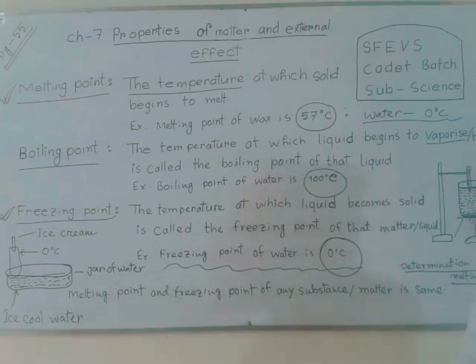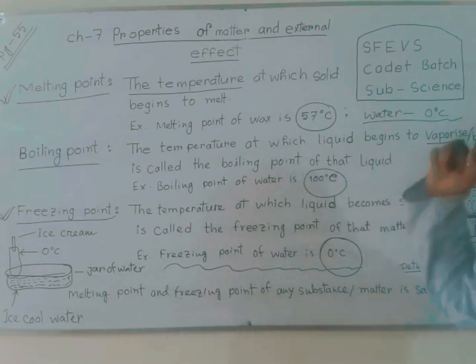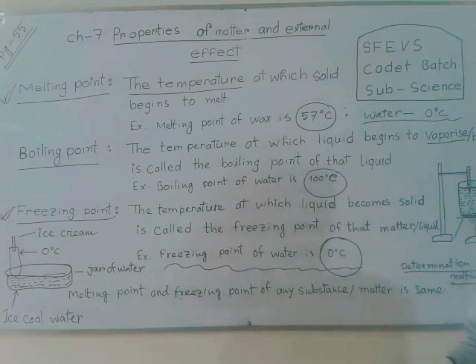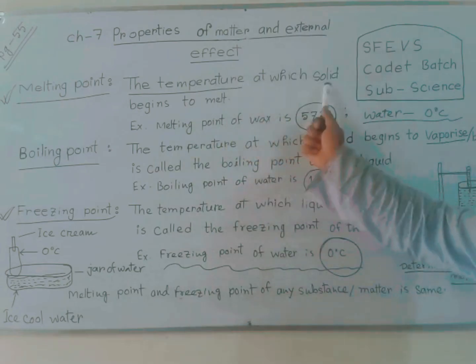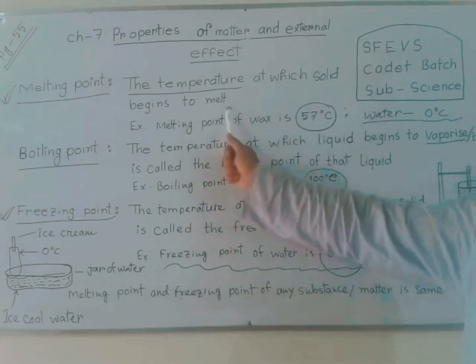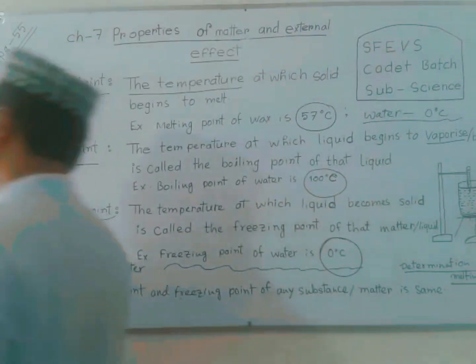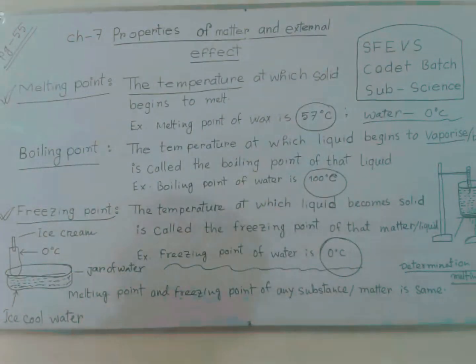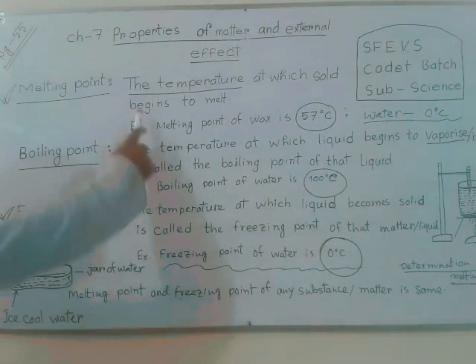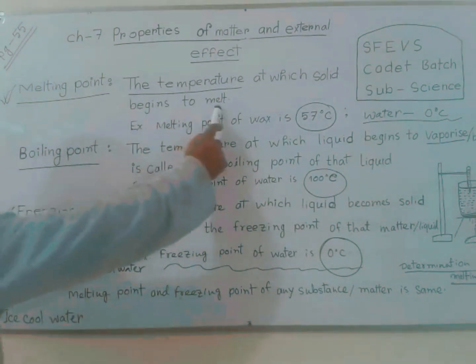And previously I have said that all solids would melt if we provide enough temperature. So what is melting point? Melting point is the temperature at which a solid begins to melt.